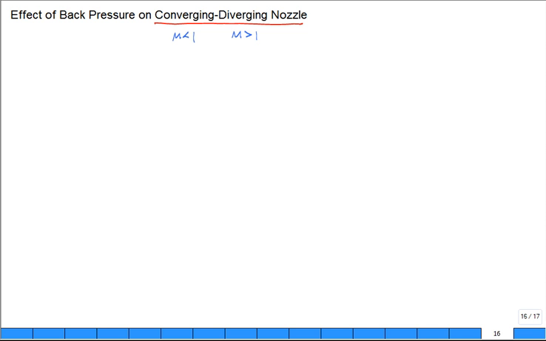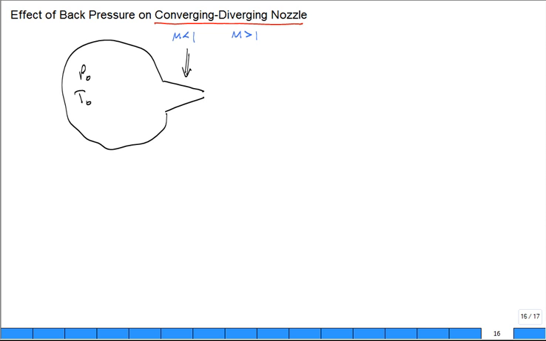All right? So what does the converging, diverging nozzle look like? I'll try to draw the converging section, connected to a big tank where I have steady stagnation pressure and constant, steady stagnation temperature. That's the converging section, true? That's where it's going to be subsonic flow to bring it from rest up to Mach 1 in the throat.